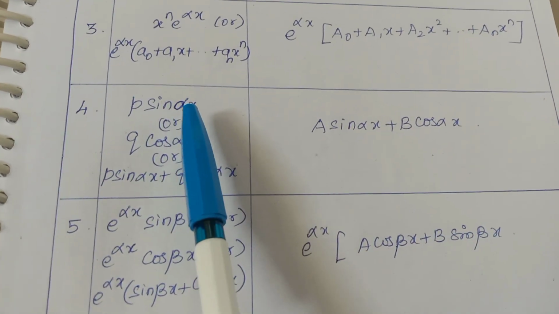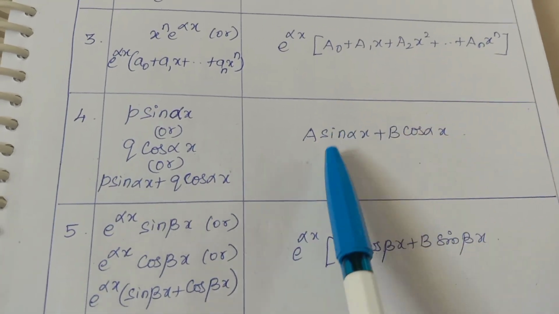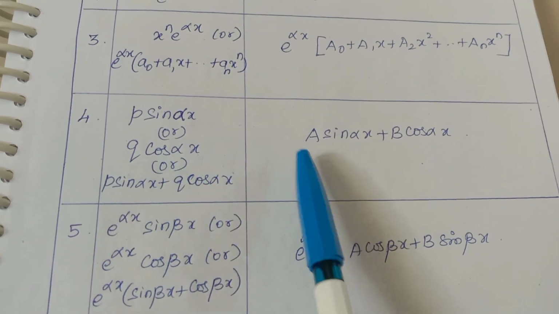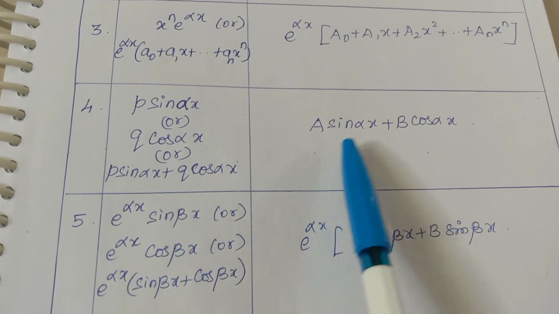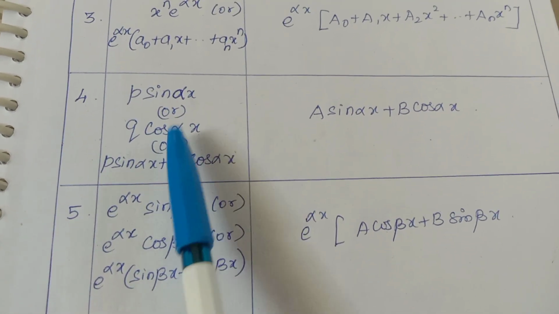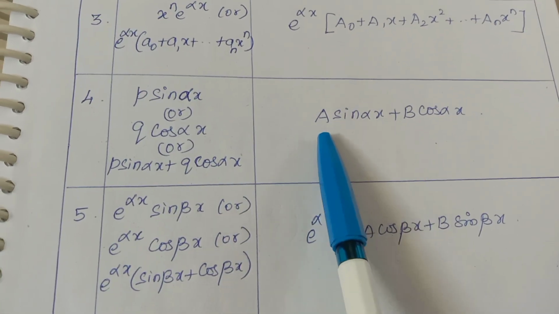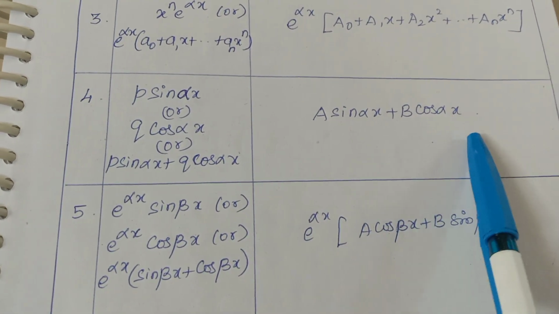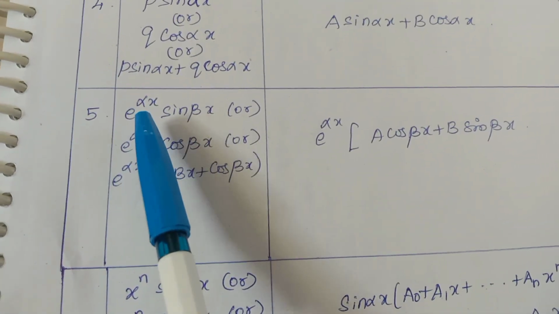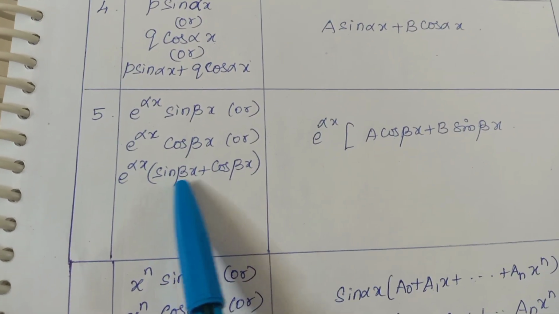If you have only a sine term, the trial solution is a sin alpha x plus b cos alpha x. If you have simply q cos alpha x, then also the trial solution is a sin alpha x plus b cos alpha x. Even if you have a linear combination of the two functions, the trial solution is a sin alpha x plus b cos alpha x. Then the next one is a combination of e power alpha x with either sine or cos or a combination of both.